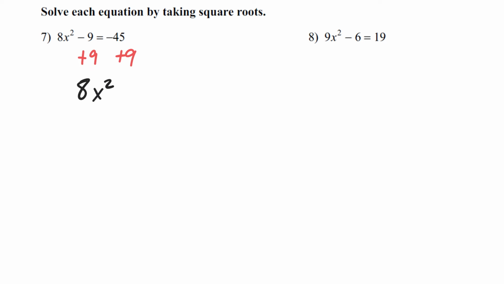So I'm going to add the 9 to the other side. This would give me a negative 36. I'm going to then divide by 8. Got a little bit of a problem about to happen here. So we have 36 divided by 8, and it's negative.